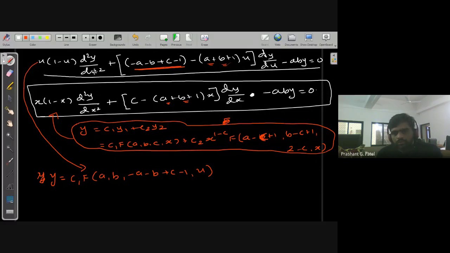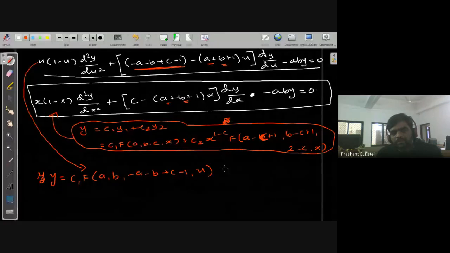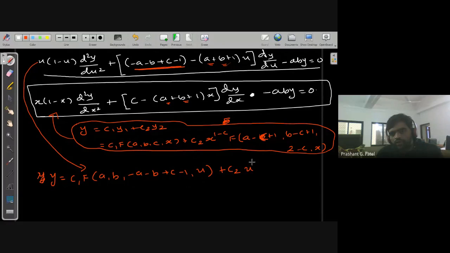Instead of x we have u here, plus c2 x raised to 1 minus c, so it is u raised to 1 minus c into F of, instead of a we have a, now instead of c we have this whole quantity, that is minus a minus b plus c minus 1.